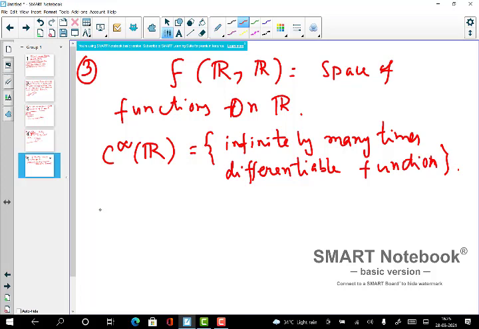Now if you want to define a simple map from C-infinity to C-infinity over R, you send a function to its derivative.